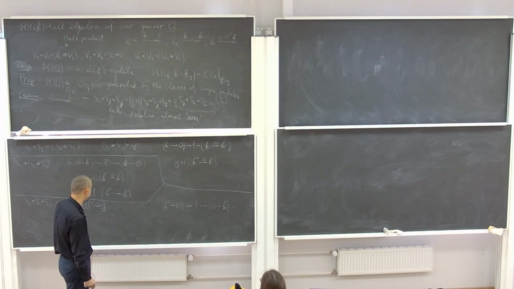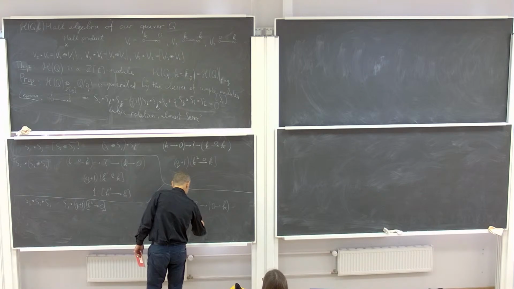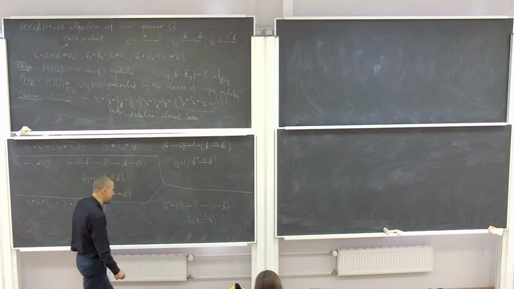And what are the possibilities here? So just k squared goes by 0 to k with coefficient 1, right?